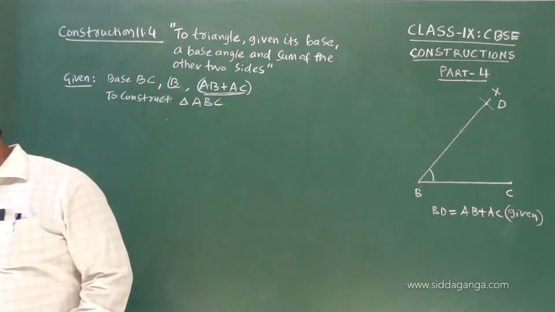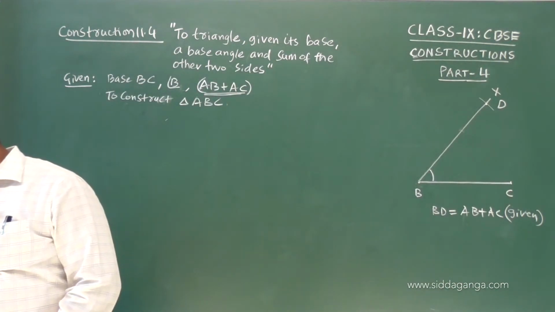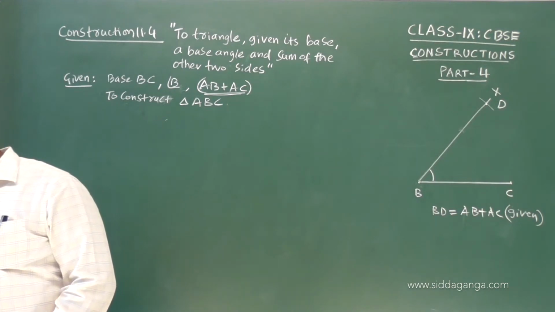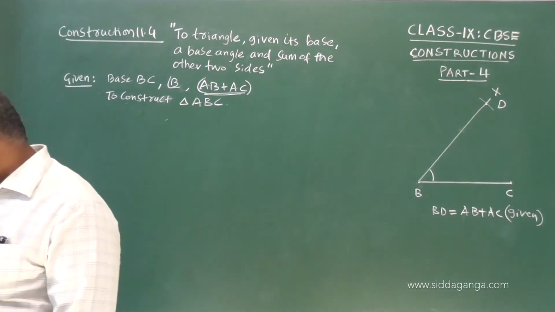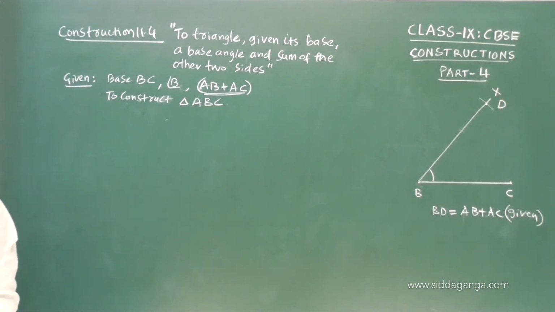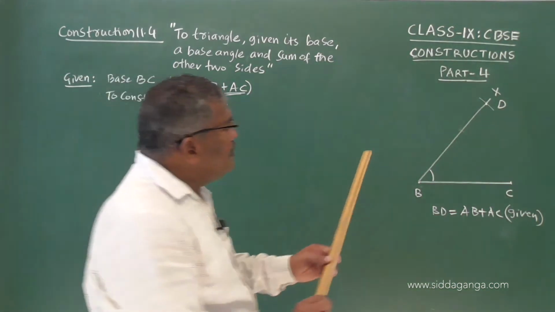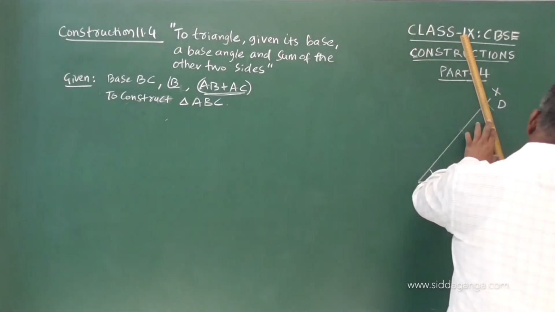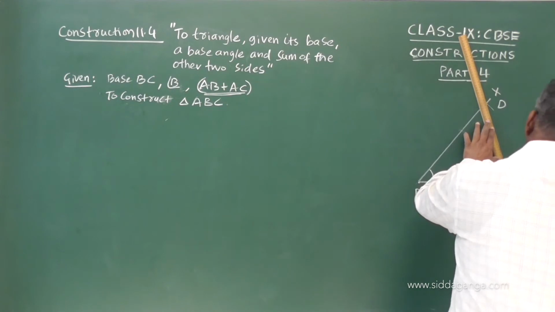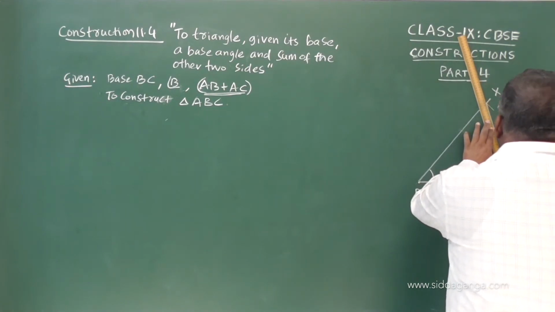What you have to do is you draw a perpendicular to BD. So, now you can join this DC. Next step, after getting D, you join DC.